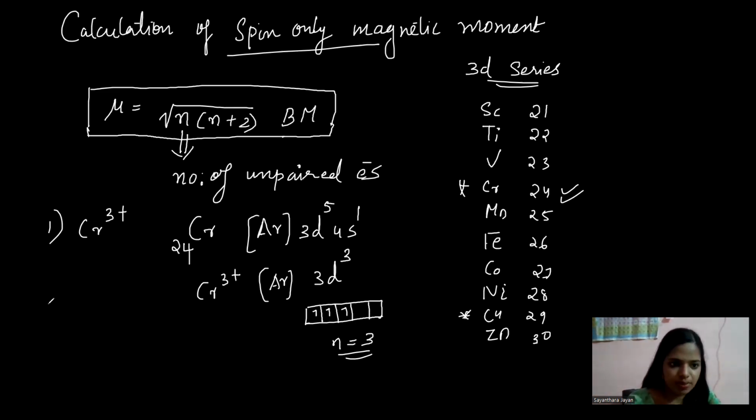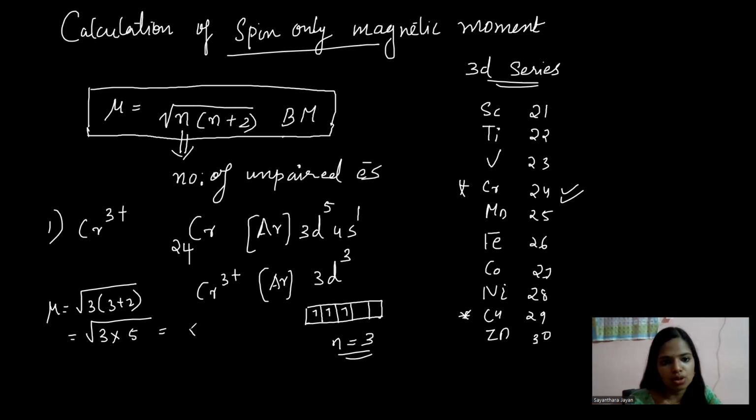Apply this into the formula: mu is equal to root of n into n plus 2, that is 3 into 3 plus 2, which is root of 3 into 5, equal to root of 15. Root of 16 is 4, so root of 15 will be 3 point something.